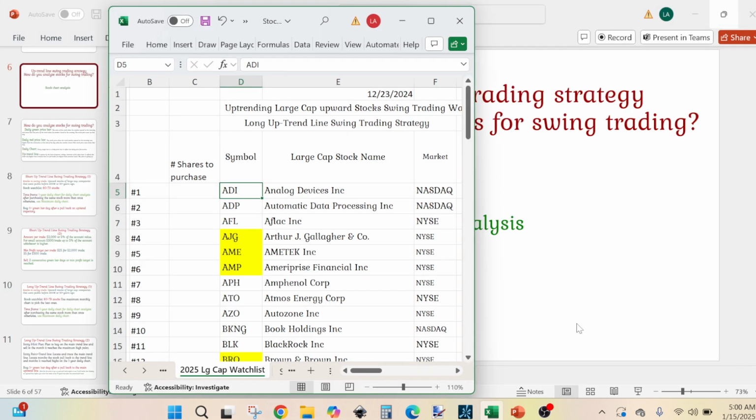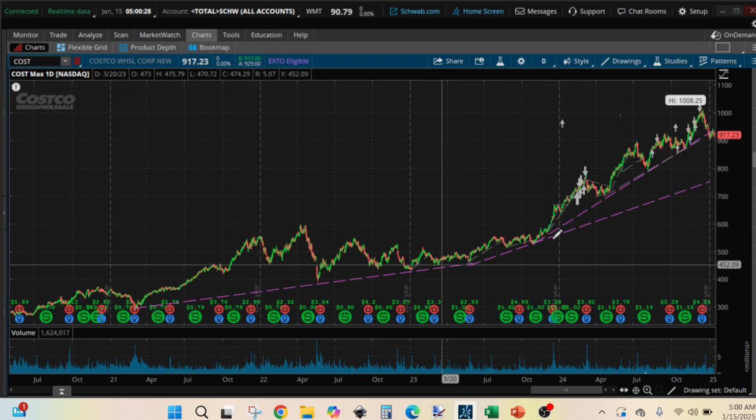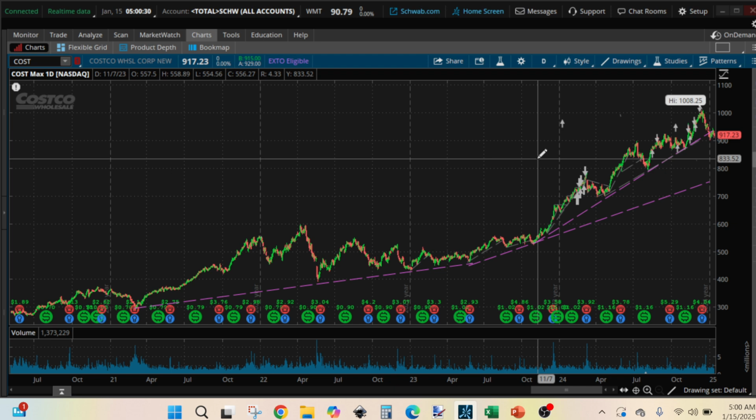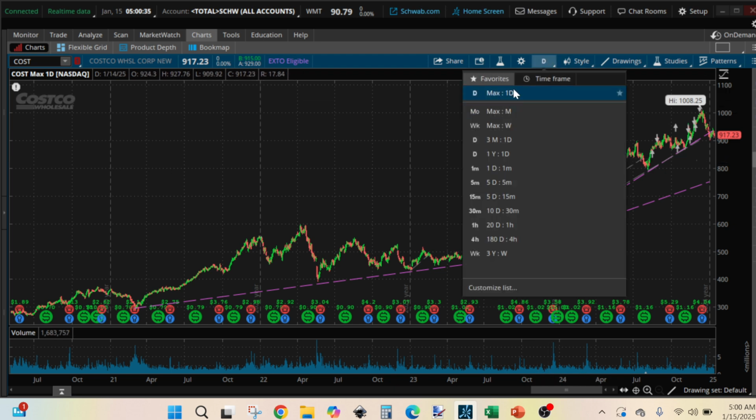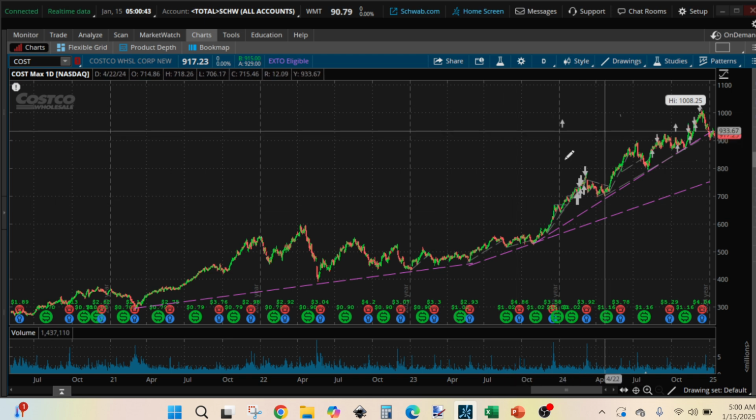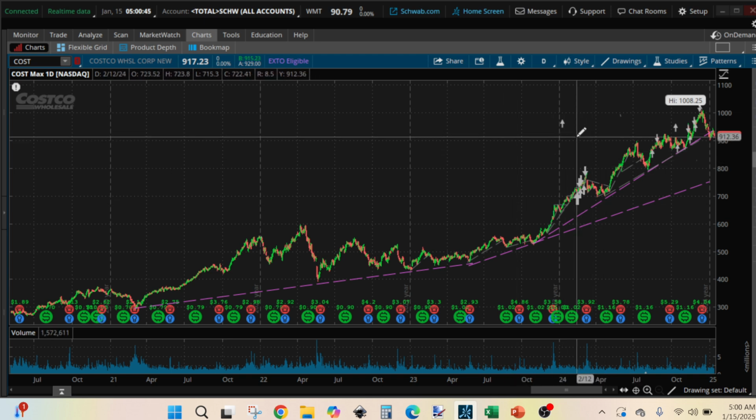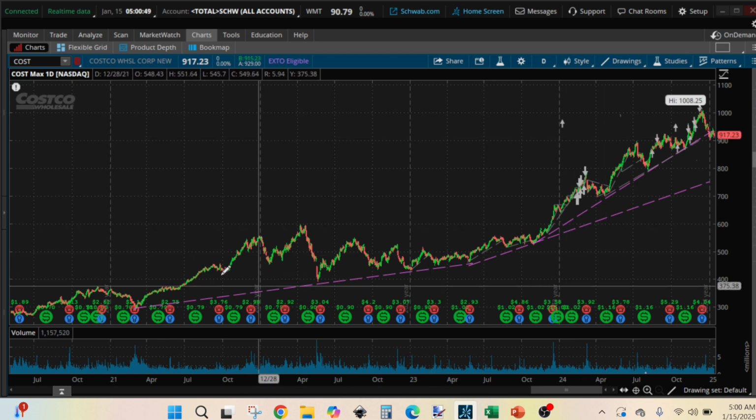We have the thinkorswim platform open that we use to analyze charts, and as a swing trader we are going to use the daily chart, either the 1 year daily chart or the maximum daily chart, but I would prefer to use the maximum daily chart because of the long uptrend line swing trading strategy that we are using.